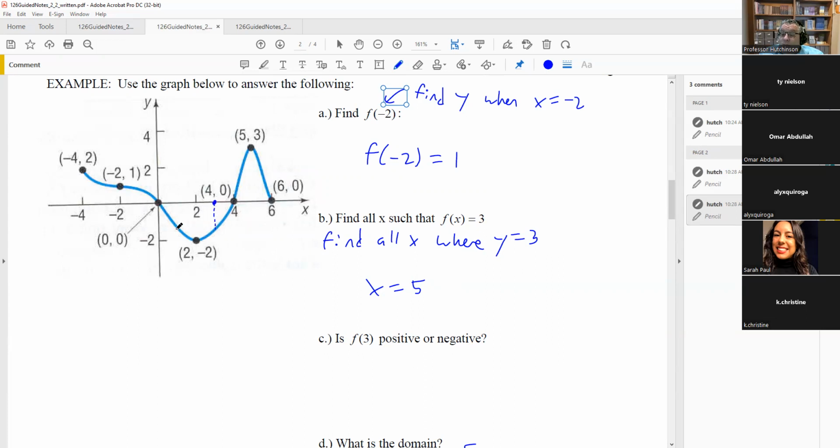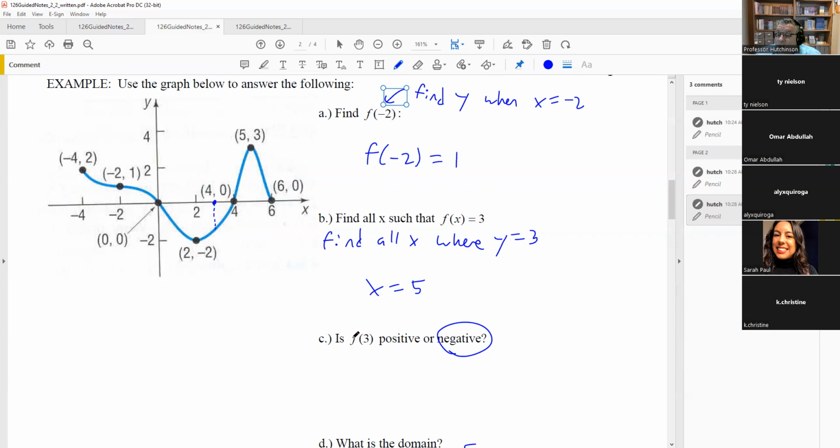The y value ends up being somewhere down here, maybe negative 1.75, somewhere around there. But all it's asking for is whether it's positive or negative. So at the x value of 3, because it's hitting the graph below the x-axis, that means it's going to be negative. So f of 3 would be negative in that case.